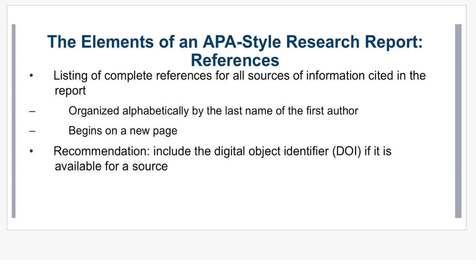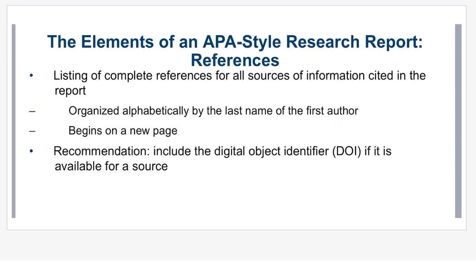And then once you are done with your paper or your report, then you have to have a references page. Again, that starts a new page. This time we actually do start a new page. And you're listing all of the references, all of the sources that you cited in your report. It should not include sources that you didn't cite. If you did not cite it, it should not be there.